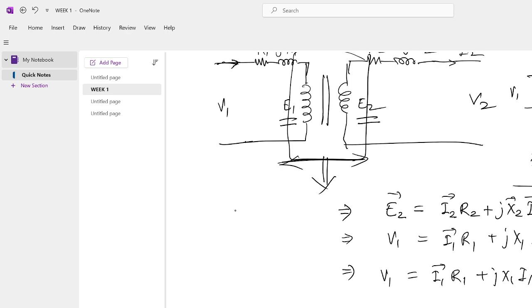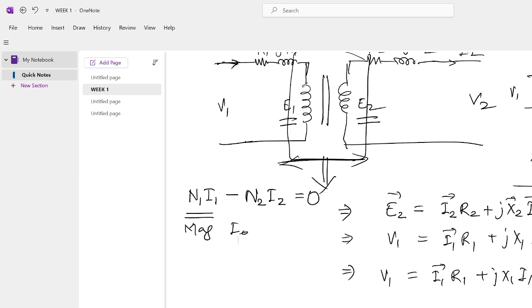Let's say N1 I1 is the primary MMF established, minus N2 I2 is equal to 0, due to which you get this if you are ignoring the magnetizing current or no load current I naught.